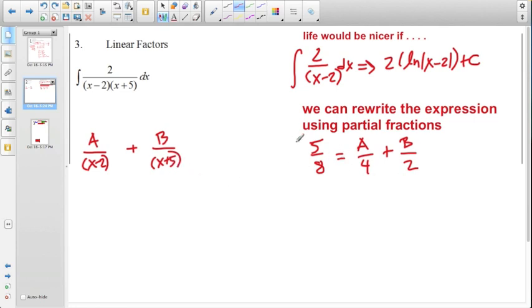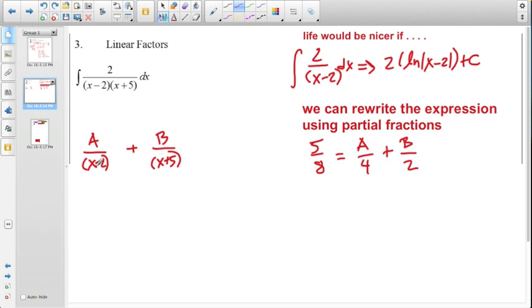Now if we think about this, this is a proper fraction. Both of these would be proper fractions. In other words, a would be less than 4 and b would be less than 2. And we could actually have negative numbers up here as well.